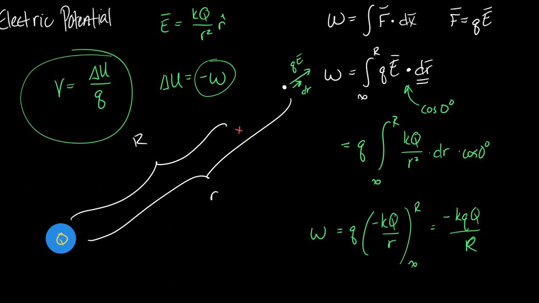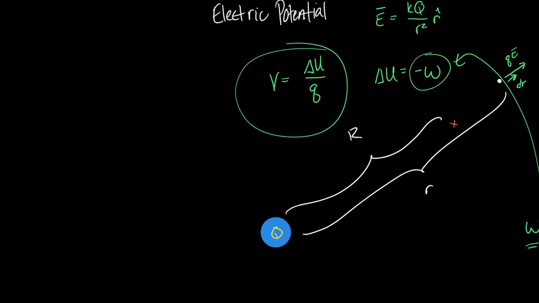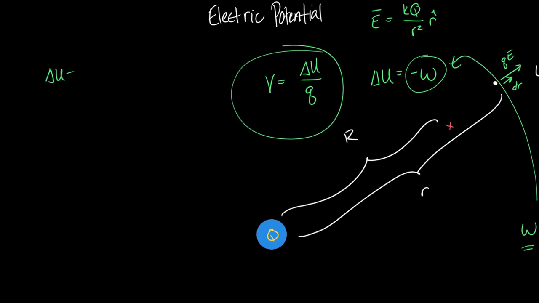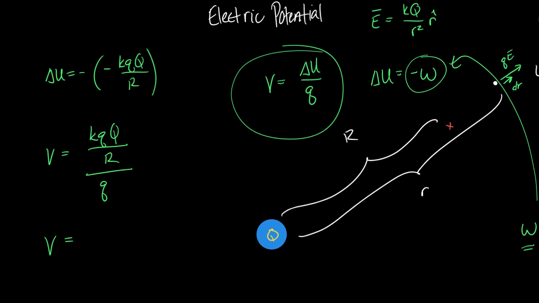So, in order to calculate the electric potential, I take my work, put it here, that becomes delta U. So delta U is minus negative KQq over R. And electric potential is KQq over R divided by q, which leaves me with KQ over R.